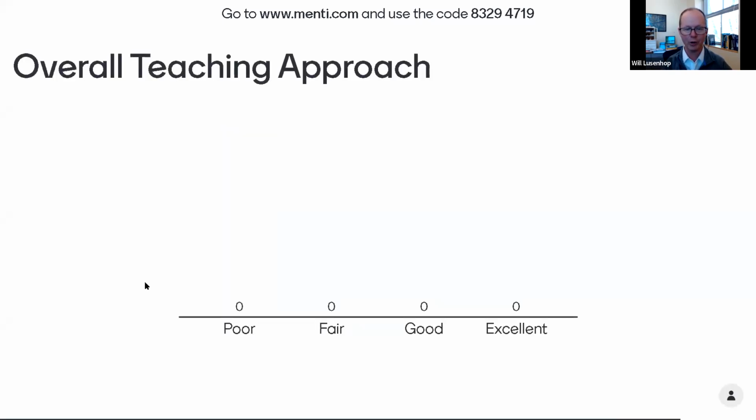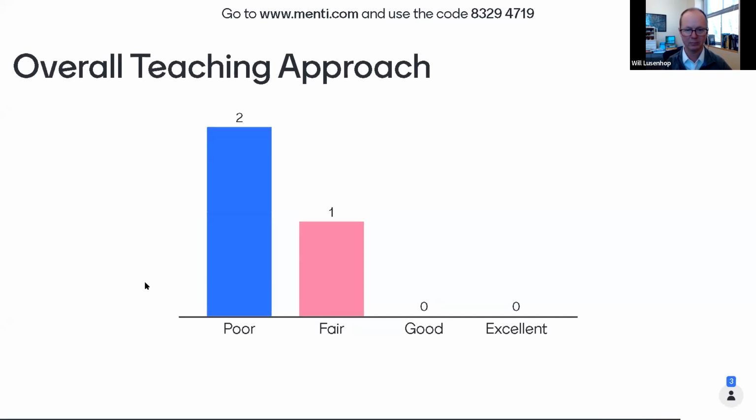Would we say the overall teaching approach? Maybe there's something there because they're going to describe different things, but it's not really clear what they're going to do as a method to actually teach. So it stays down on this side.